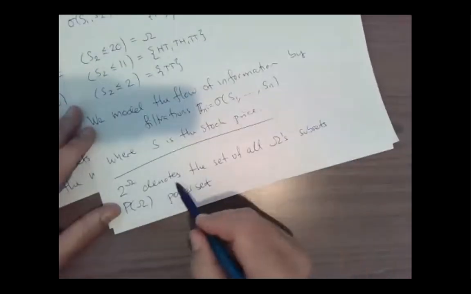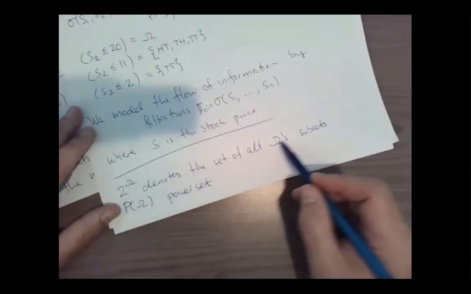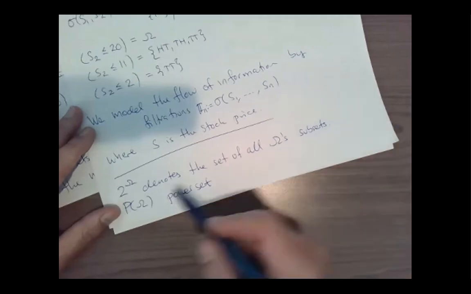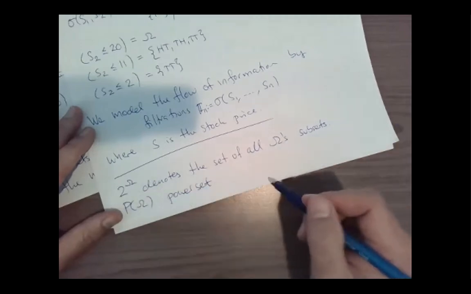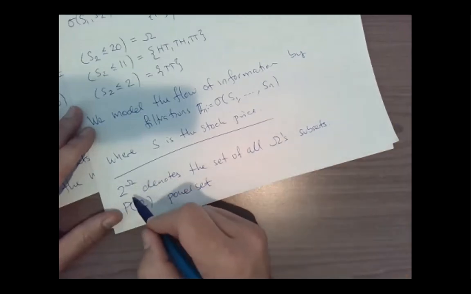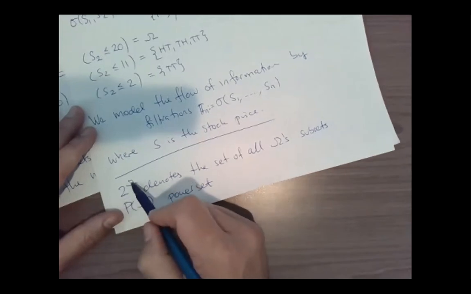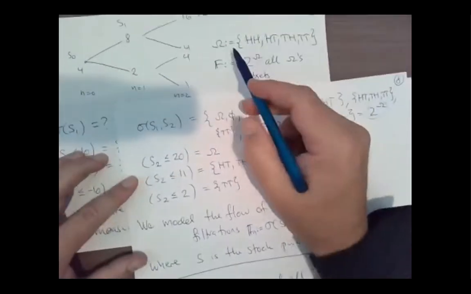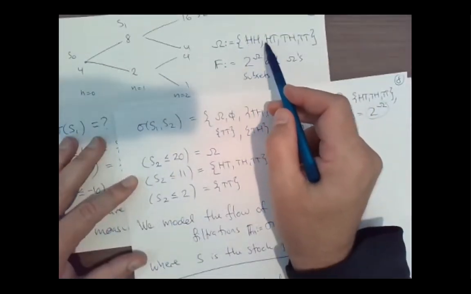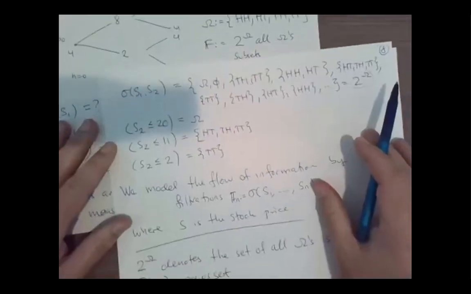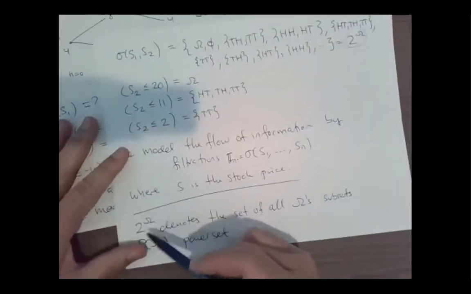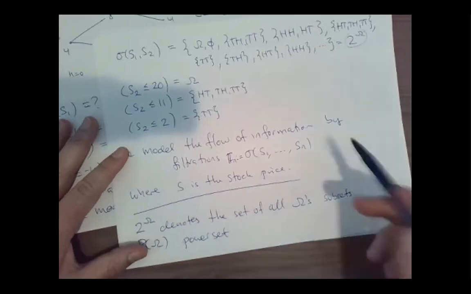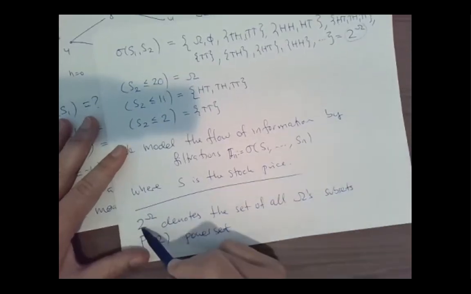However you write it, a set of all subsets, you can write it as P or as 2 to the omega. The reason it's written 2 to the omega, the intuition behind this, is that if I have a sample space with 4 elements, and I want to know how many elements there are in the set of all possible subsets, you're going to get something like 2 to the 4.